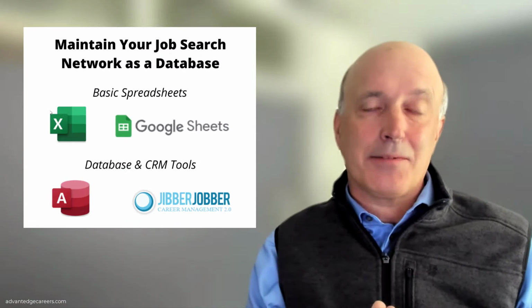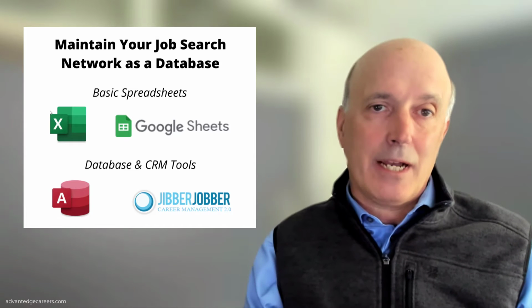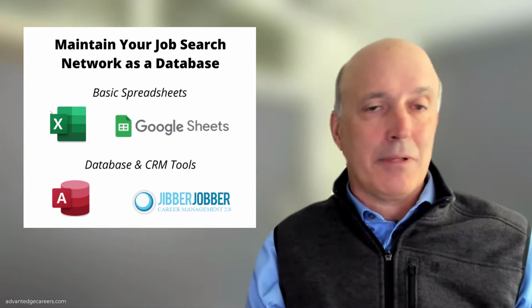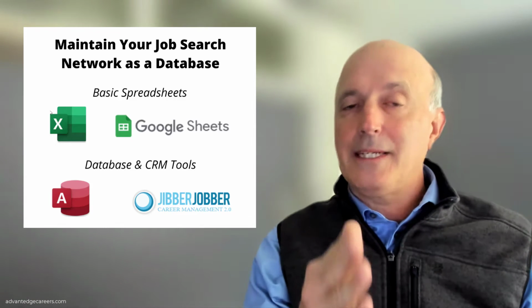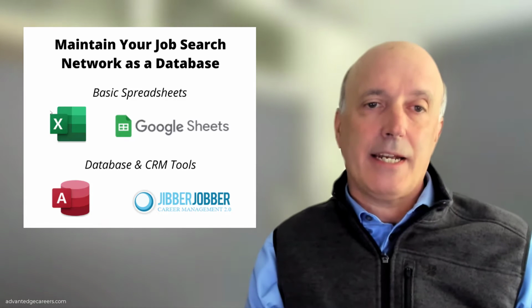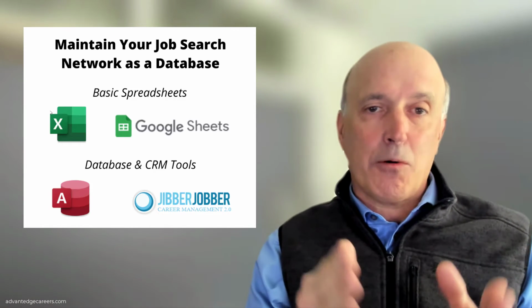Now, keeping your network information both current and well organized, that's no small task either. You're going to need to maintain a database of some sort to specifically manage your potential job search network contacts. Depending on your work preference, that database could be as simple as a notebook or a detailed spreadsheet, or even more sophisticated cloud-based customer relationship management or CRM tools.